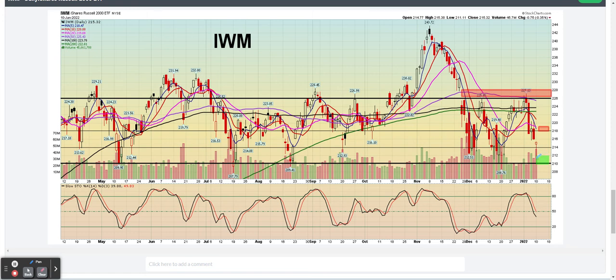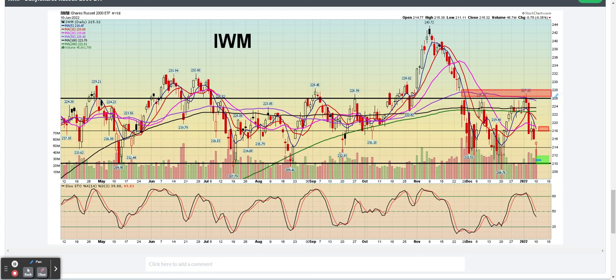It actually found support inside that zone, pushed higher, and is still under all these moving averages. I would expect lots of resistance up here. Out of all the indices, I think this is still the weakest, and has been for the last couple of months.